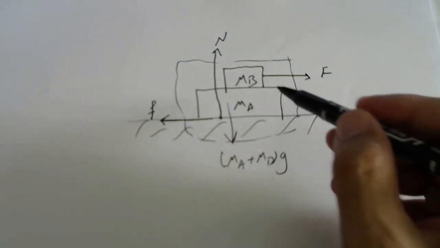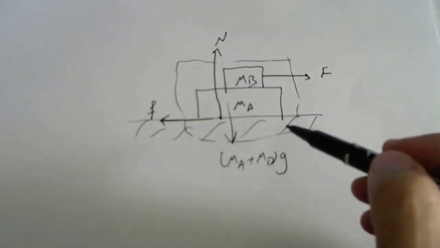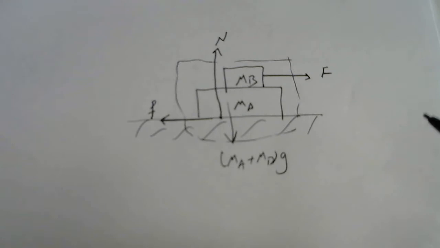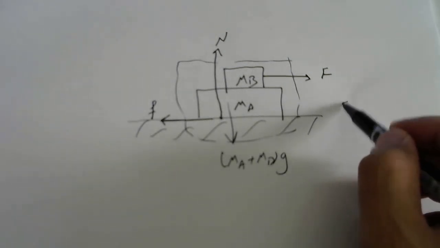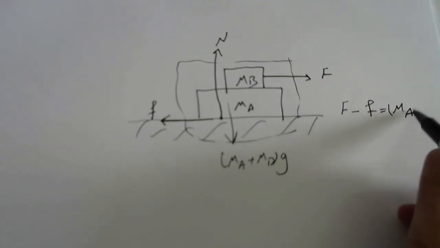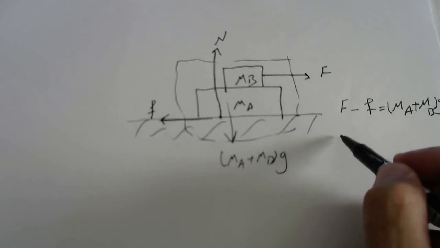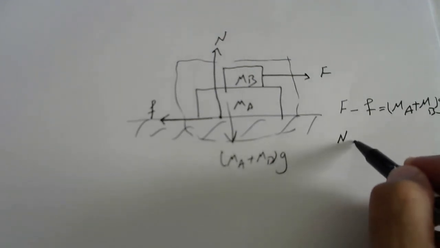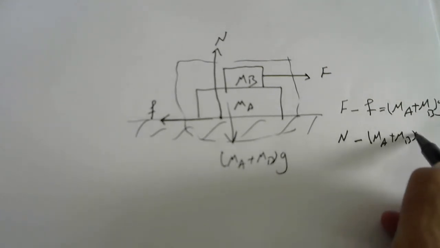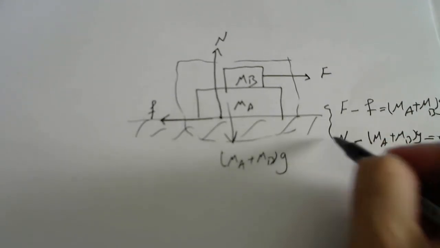But what is important is that the force between the two objects is an internal force, so it won't affect the whole motion of the system. If you write the equation of motion, it becomes similar to the previous case, and N minus (MA plus MB) times g equals 0.